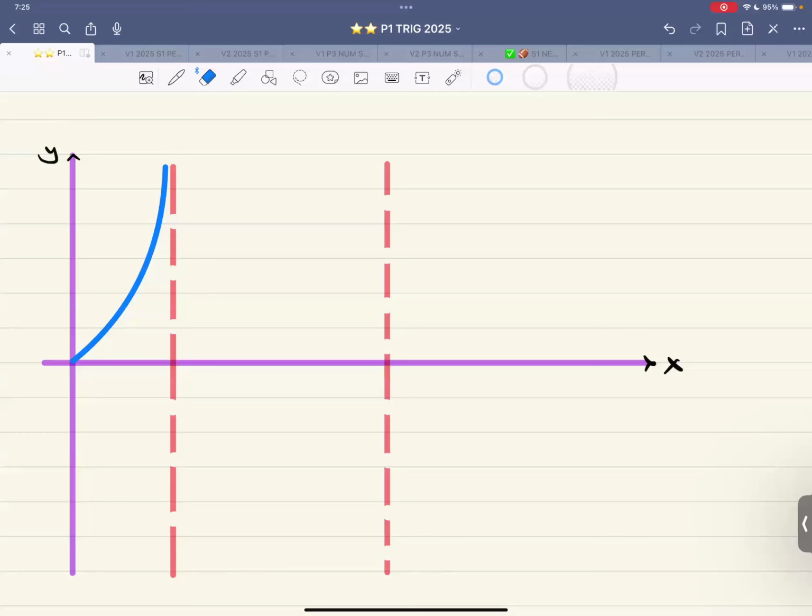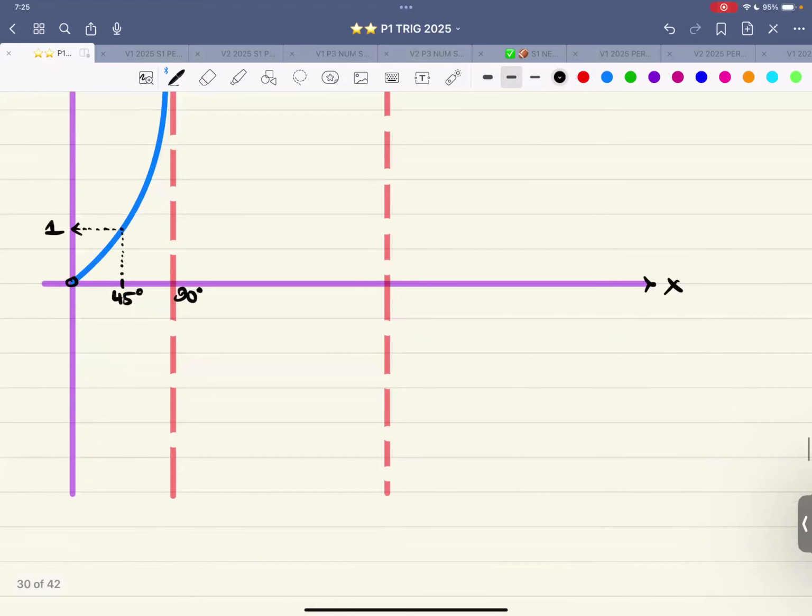That is the vertical asymptote. The first asymptote is at 90 degrees. Tangent of 0 is 0, 90 is undefined. So a guiding point could be 45 degrees, tangent of 45 is 1. So that's a good way of showing this value.